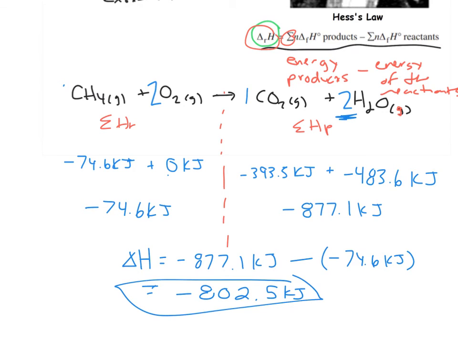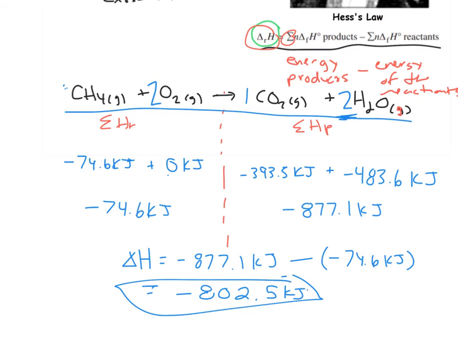So what this says is that in this chemical reaction, when I burn 1 mole of methane with 2 moles of oxygen, I'm going to get 802.5 kilojoules of energy being released. So that's how we can theoretically identify the amount of energy we get from a chemical reaction.